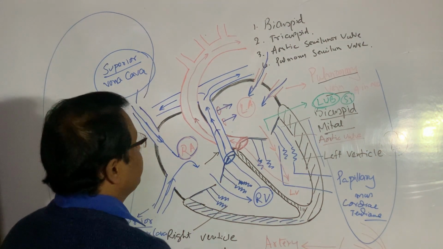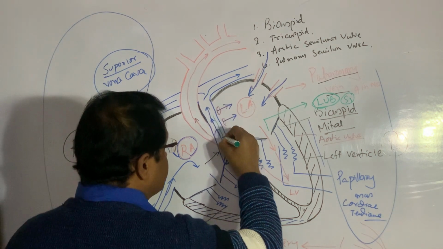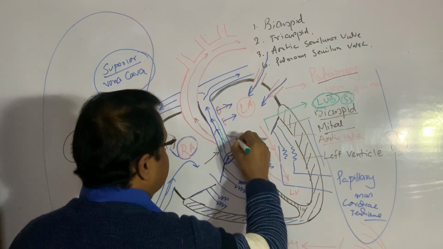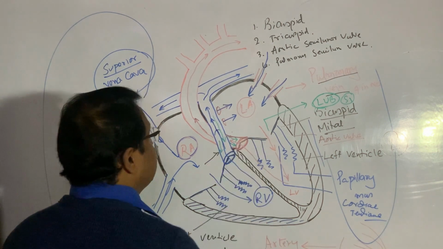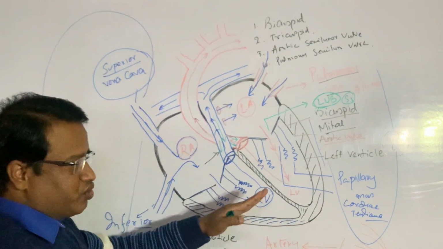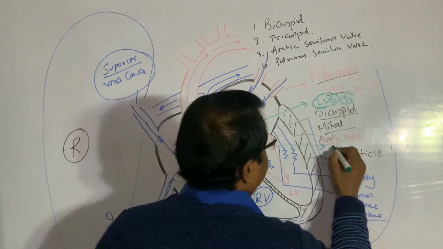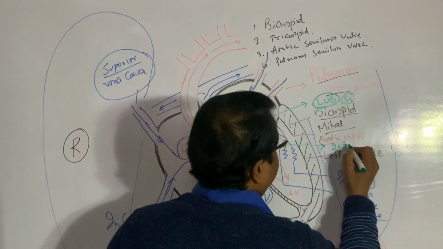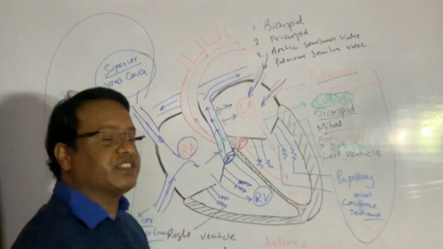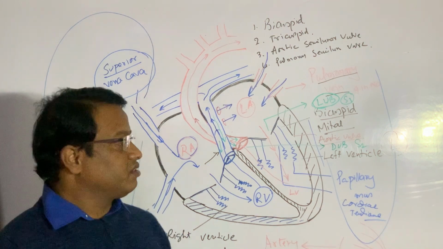During the relaxation phase, blood wants to come back into the ventricle. At this time, the two semilunar valves get closed, producing a sound called dub. It is S2 or the second heart sound. In this way, the first and second heart sounds are produced.